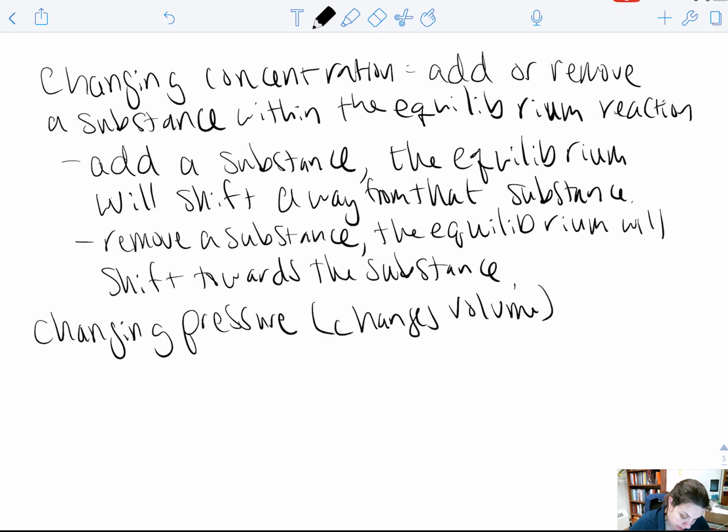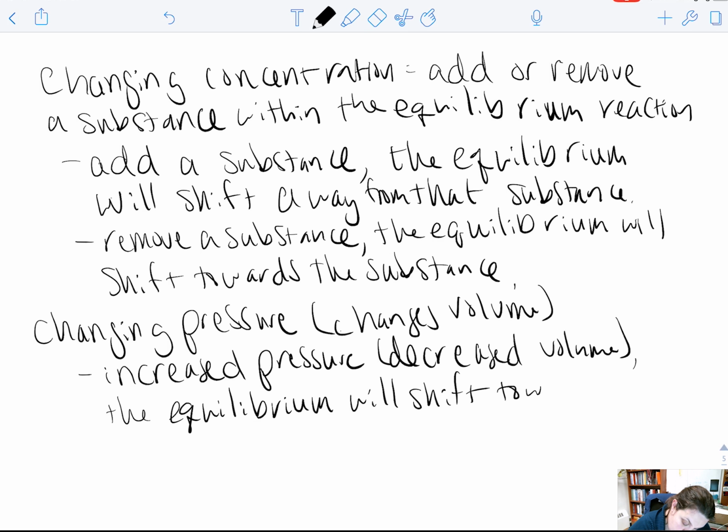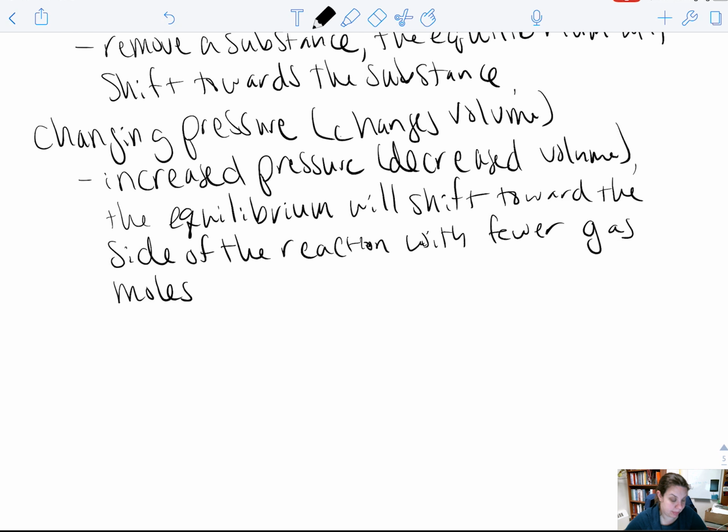So if we increase our pressure or decrease volume, we're going to shift towards the side of the reaction with fewer moles of gas. And then decreasing pressure will have the opposite effect.